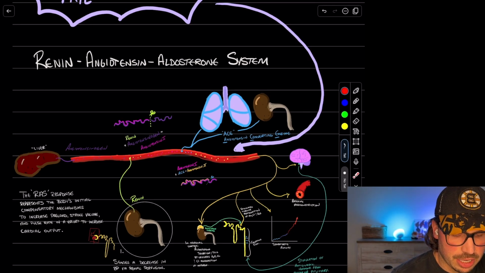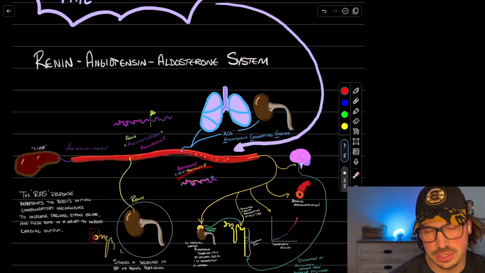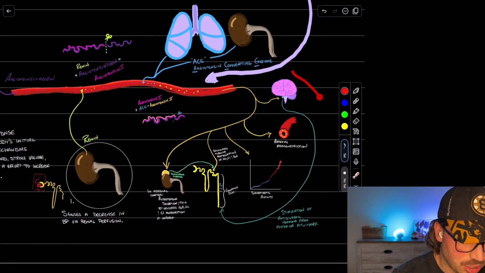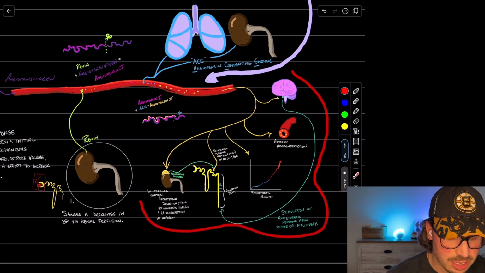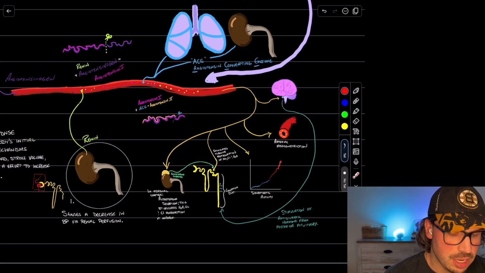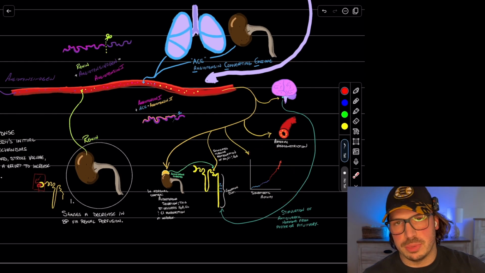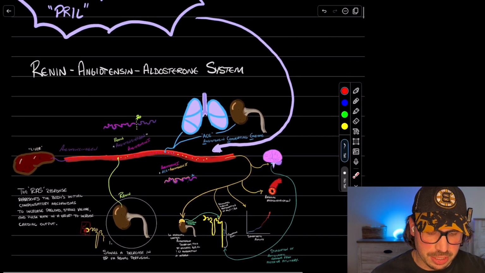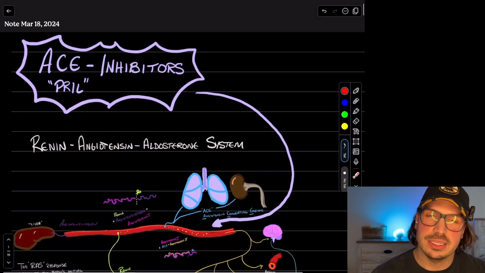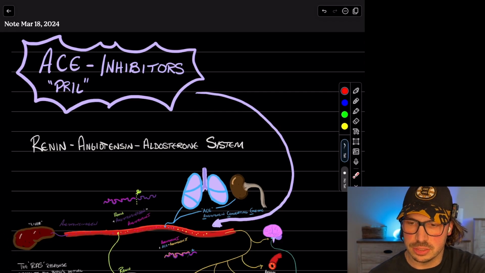ACE inhibitors prevent this ACE enzyme from converting angiotensin 1 into angiotensin 2. Angiotensin 2 is what causes all these other effects on the body: aldosterone, fluid reuptake from the nephrons, vasoconstriction, and sympathetic activity. By inhibiting that conversion, we're effectively keeping blood pressure low. So ACE inhibitors are antihypertensive or cardiac medications.